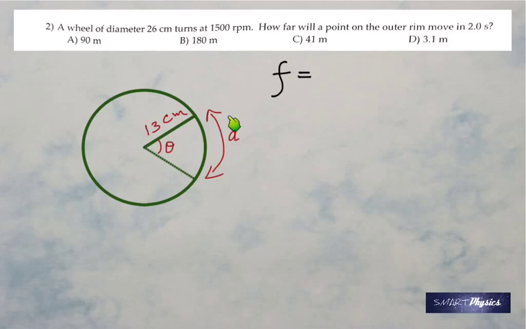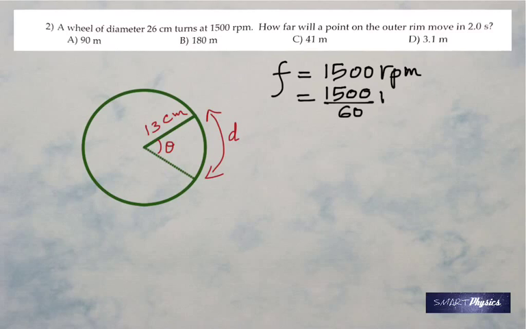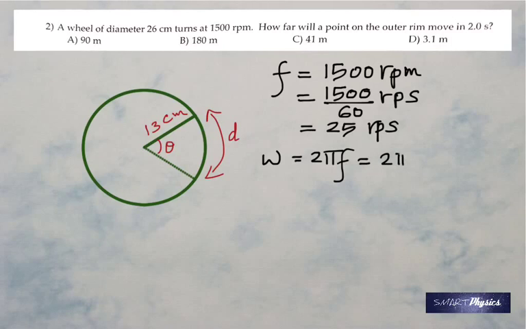So that's what you're trying to find, for which we'll find the angular speed first. The frequency is 1500 rotations per minute, which is 1500 divided by 60 rotations per second. That's 25 rotations per second, and like in the previous question, omega is 2 pi times f.